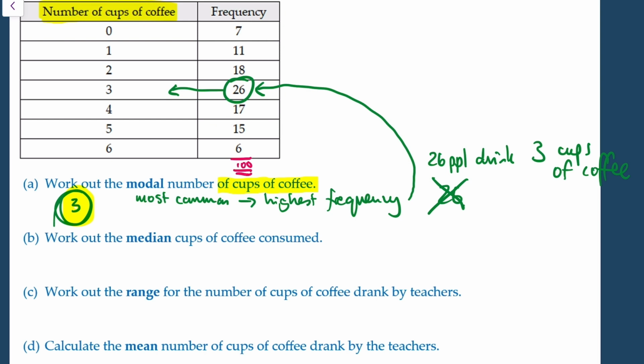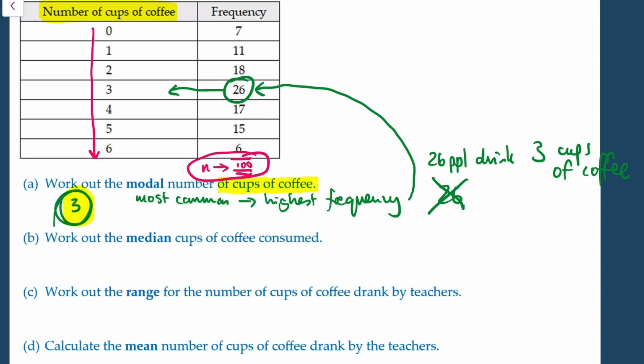So for median, we said we need to arrange it in order of size. Luckily, it already is: 0, 1, 2, 3, 4, 5, 6. But I need to work out the middle number of cups of coffee per day. So remember we said N is the total, my total number of bits of data that I collected.